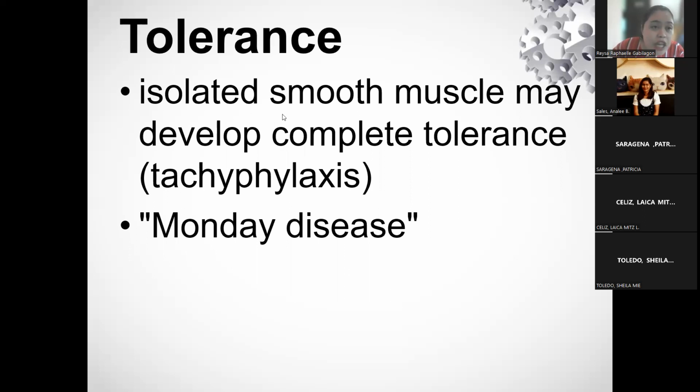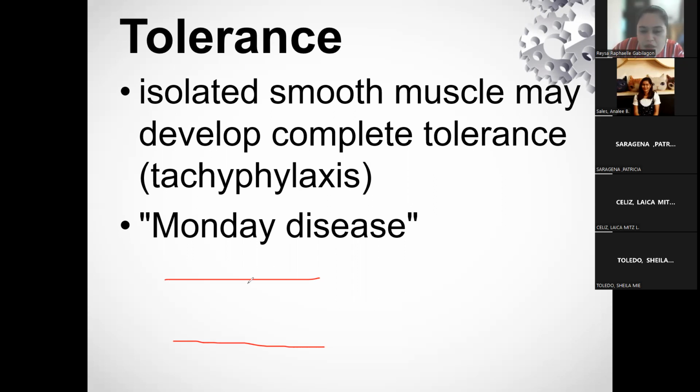Sige, let's talk about another problem with our nitrates. We have here the tolerance. Okay? Again, tolerance. The patient class may experience tolerance or tachyphylaxis. So, di ba, ang ating nitroglycerin can dilate the blood vessel.